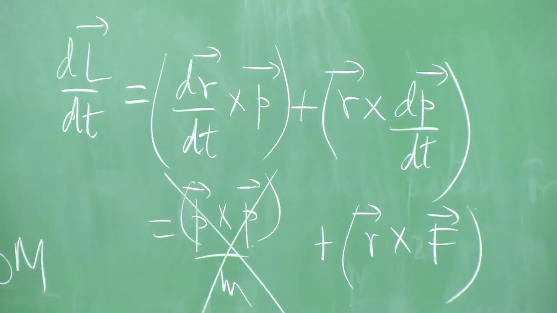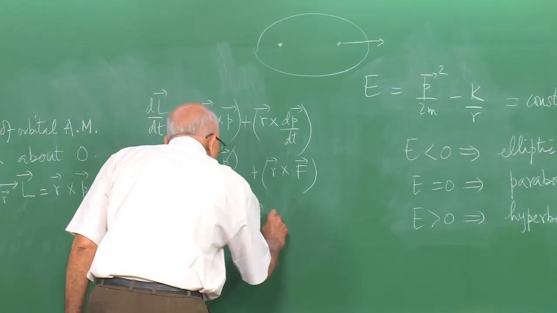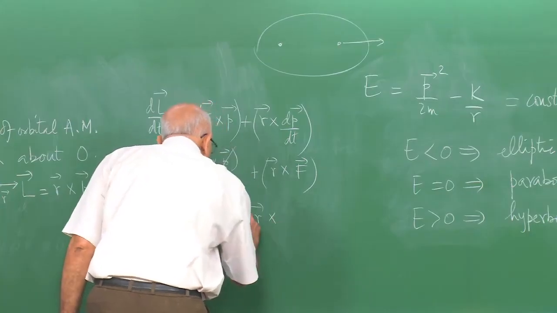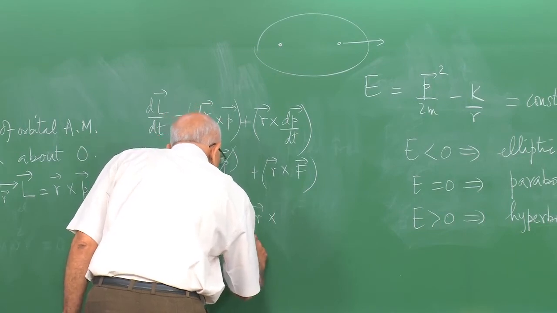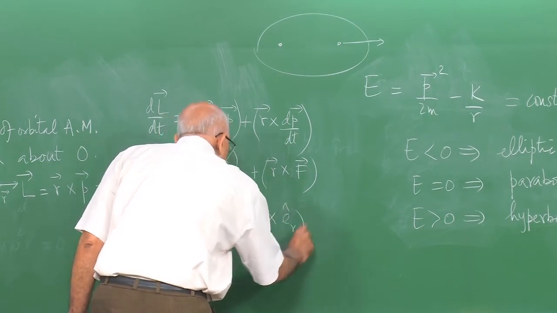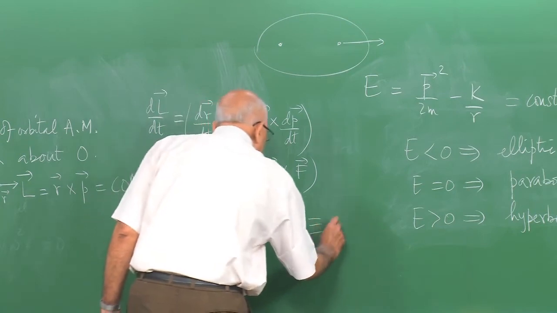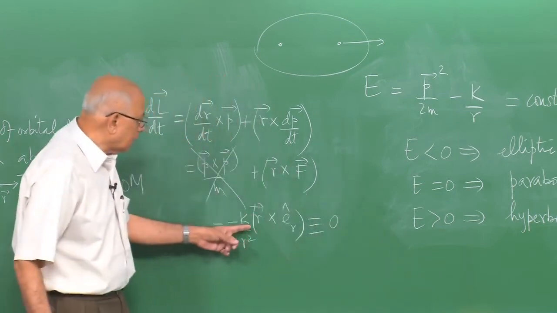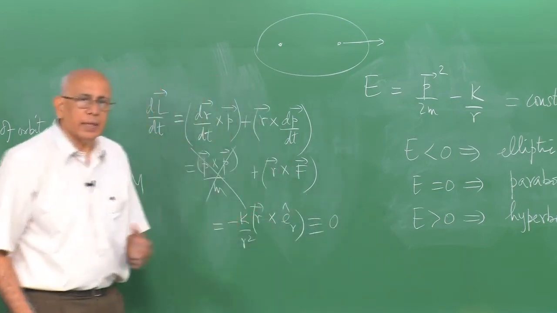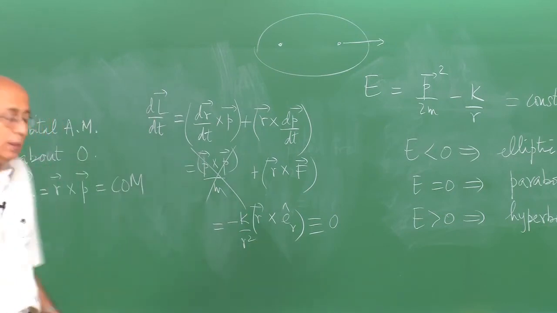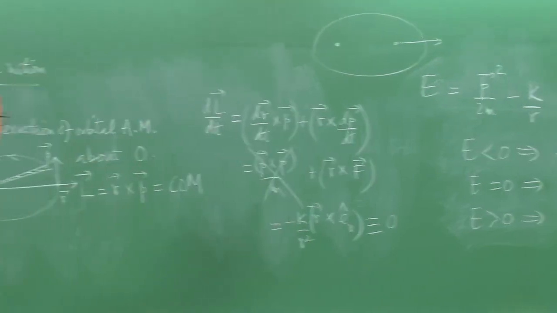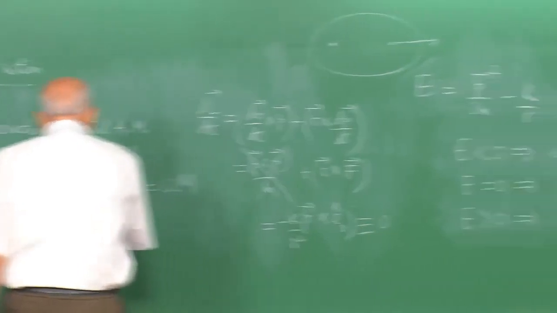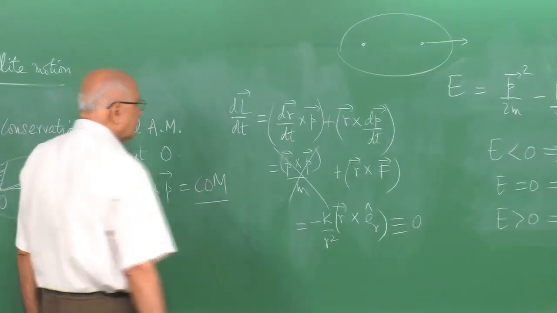But this force is inverse square, so this is equal to r cross minus k over r squared e sub r, and that's identically 0 because again it's a cross product of r with the radius unit vector in the radial direction, and that's identically 0. So this implies that L is a constant of the motion.